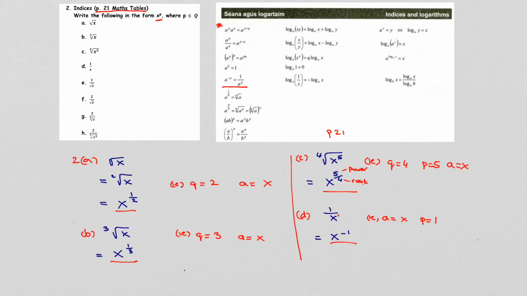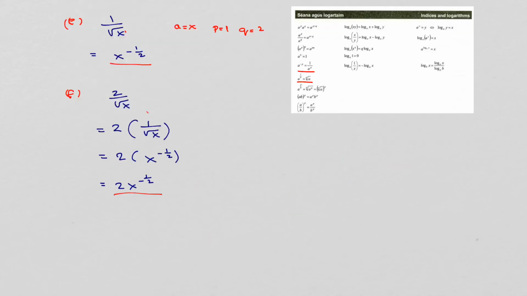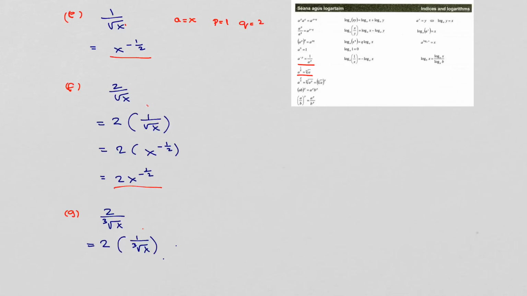Okay, so G is 2 over the cube root of x. So again, we're just building it up gradually until we get to the ultimate question. So 2 over the cube root of x. Same as before, take out the 2, which leaves us with 1 over cube root of x. And of course, what have we got?